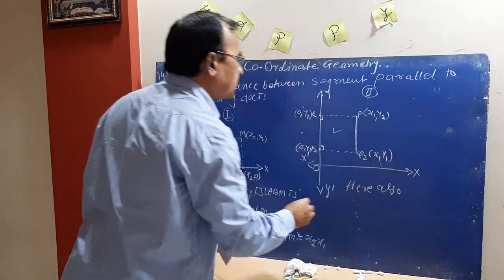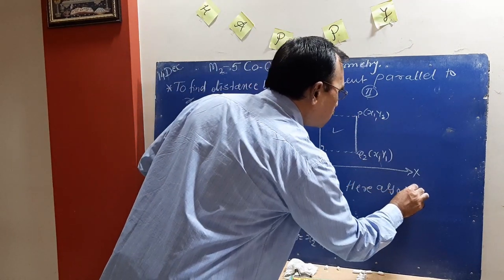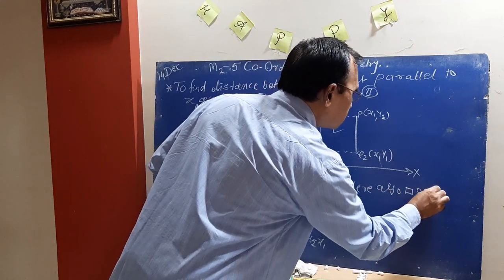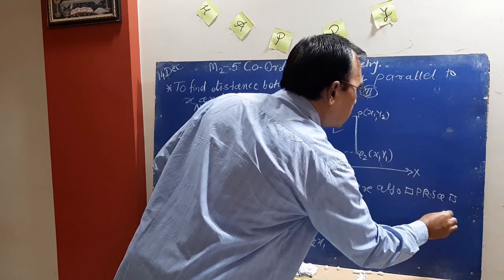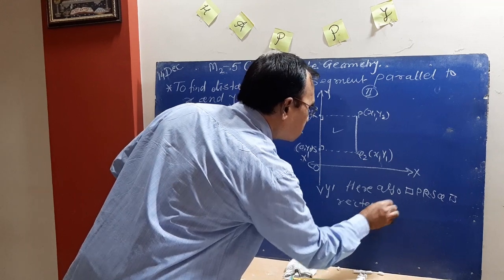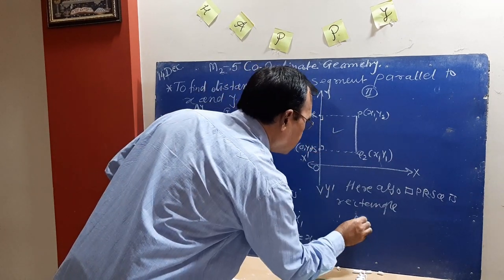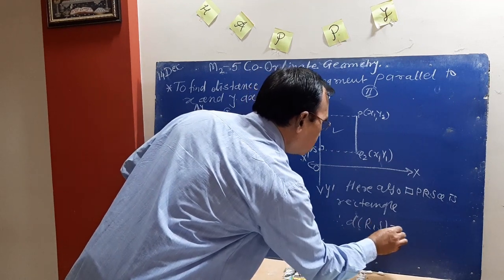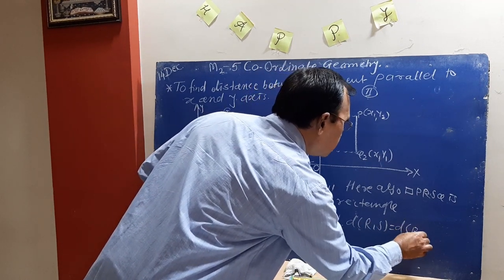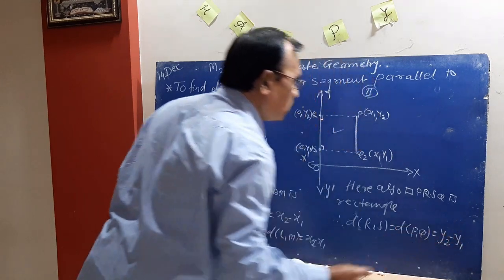PRSQ is a rectangle, and therefore distance RS is equal to distance PQ is equal to y2 minus y1.